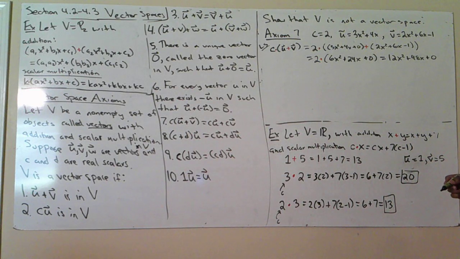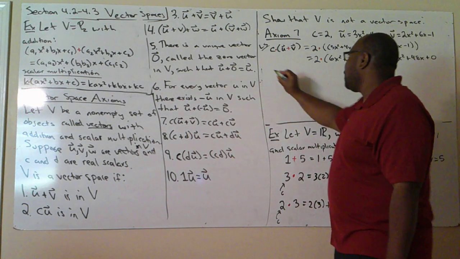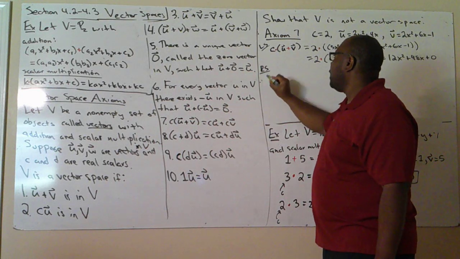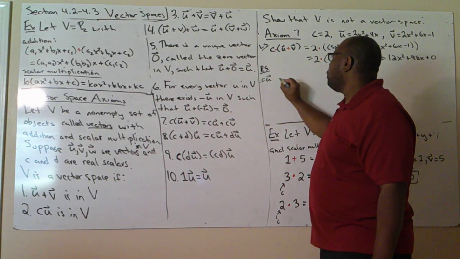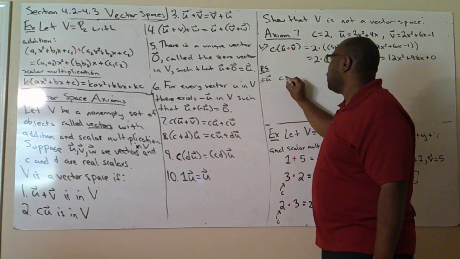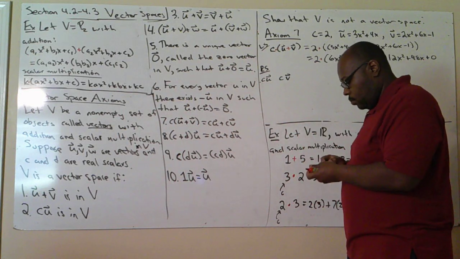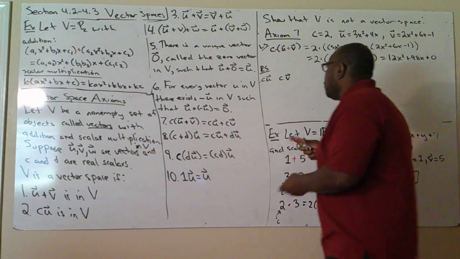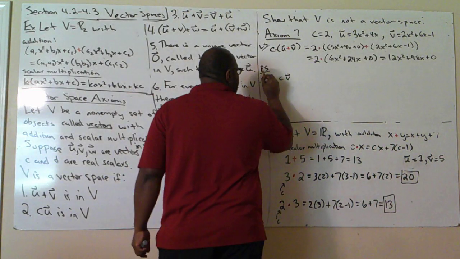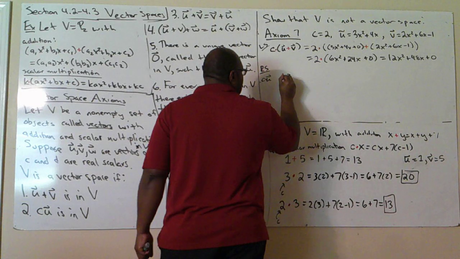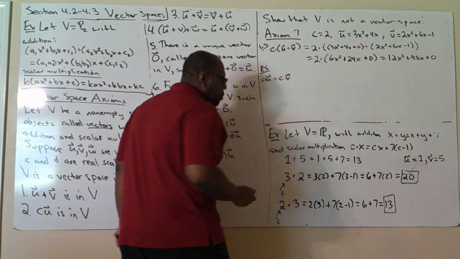Now let's try out the next one. And again, this one might actually work out. I'm not really sure. Right side: c times u plus c times v. The multiplication goes between each one of these, and the addition goes here.